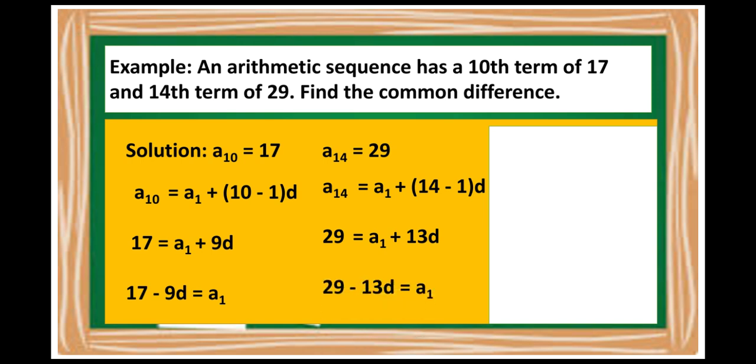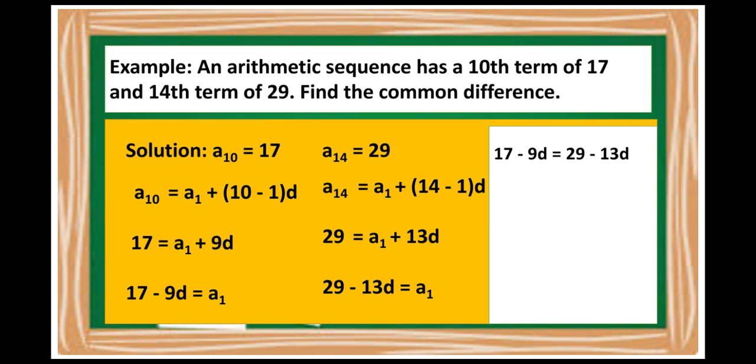Now, transposing the 13d to the other side, we get 29 minus 13d equals a sub 1. So notice that we now have two equations for a sub 1. We can equate them since they are equal.